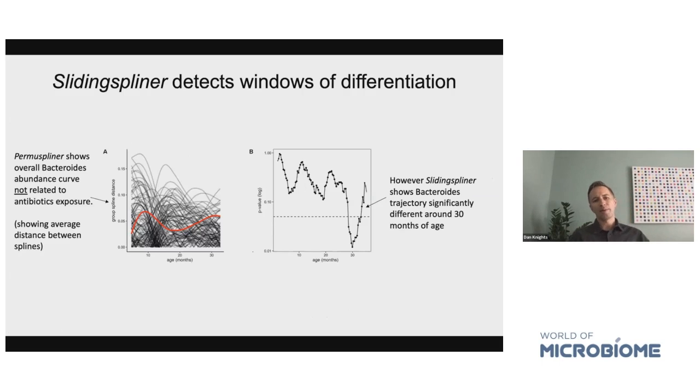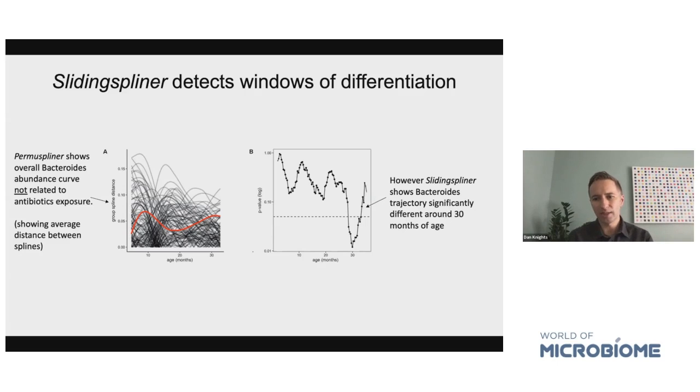We also looked at Bacteroides, which was found to be different in certain aspects according to antibiotic exposure in the original publication. So we ran Permuspliner, this function, to test whether the overall curve of Bacteroides was different after antibiotic exposure in the infants, and it was not. But we also ran this other function called sliding spliner that tests whether a window of time might contain a significant difference between the groups.